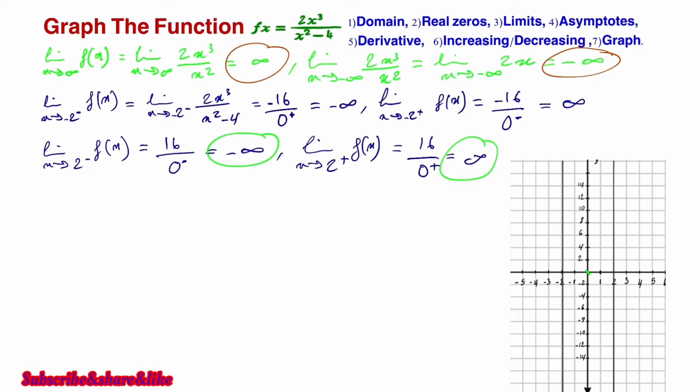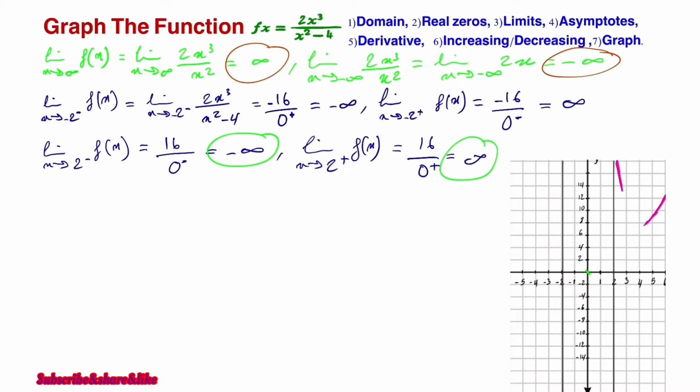So this tells us that when x goes to infinity, f of x goes to infinity, something like this, going up. We know that on the right of 2 it is infinity, something like this going up, just so we have an idea.